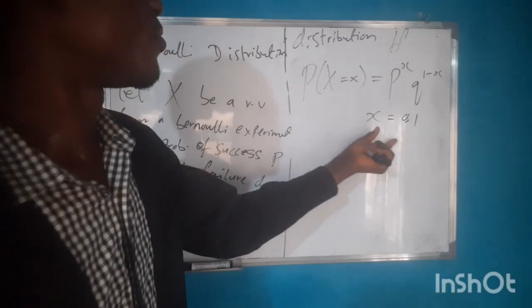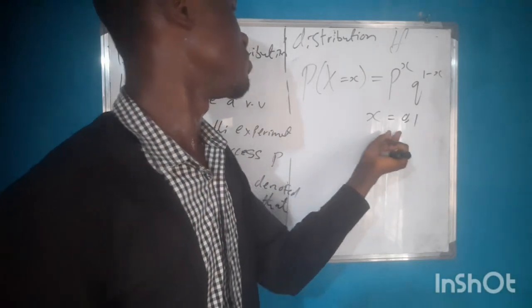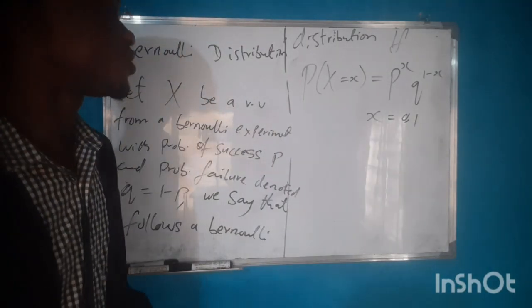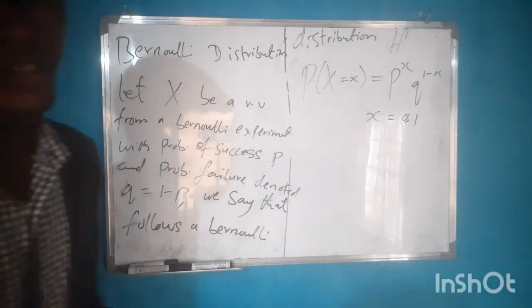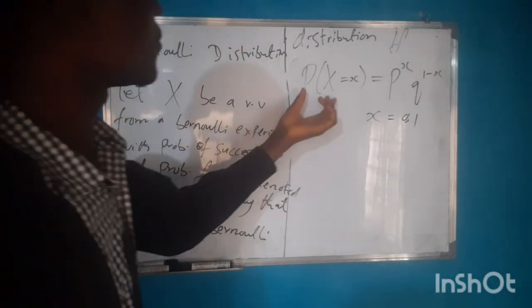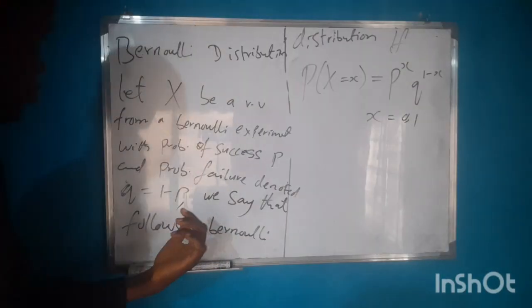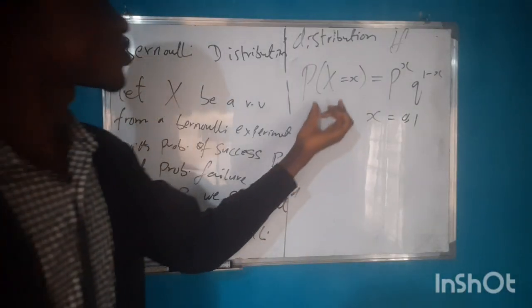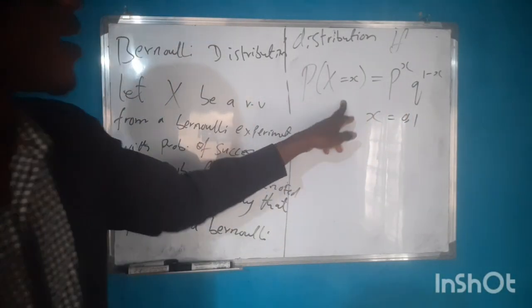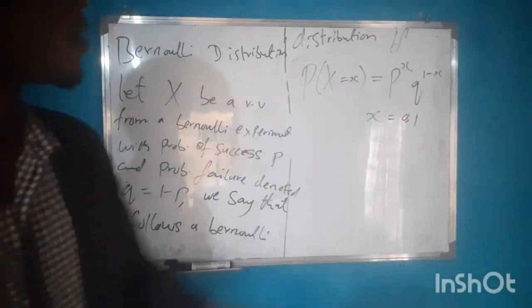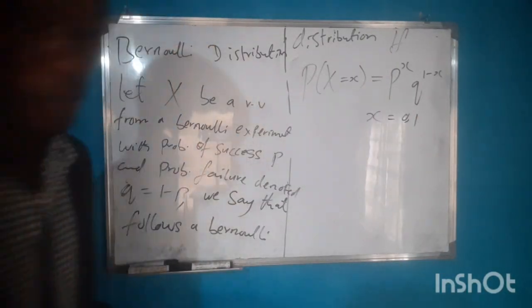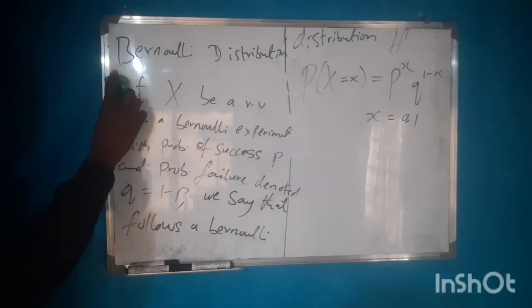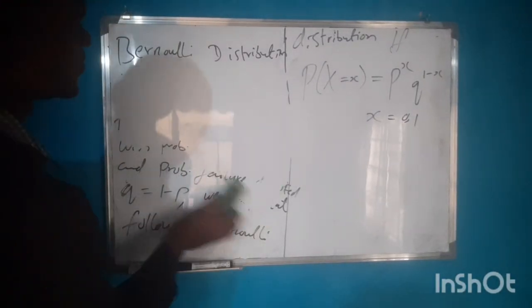So x can only take two possible values, 0 and 1. The 0 is failure, while the 1 is success. So X is said to follow the Bernoulli distribution if the probability of X is equal to P to the power x multiplied by Q to the power 1 minus x.